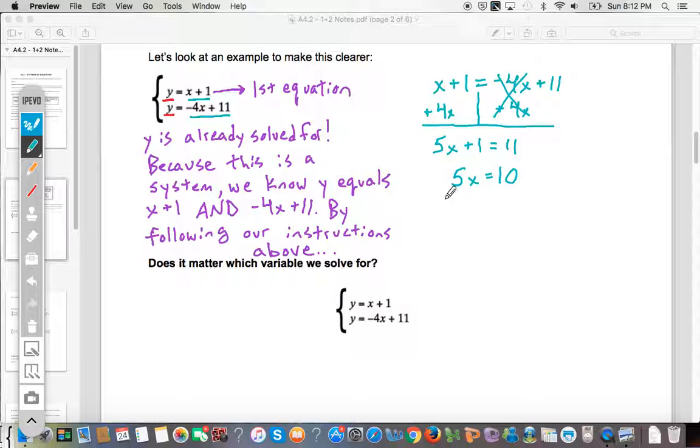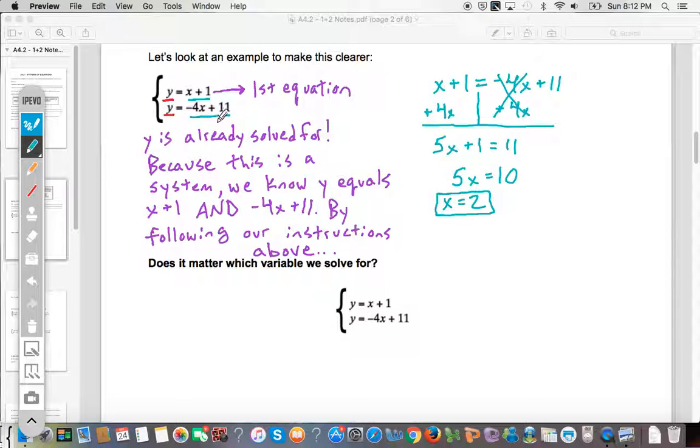So x equals 2. So we solved for one variable. Now we go back up to our system, pick one of our equations, and plug this x equals 2 in. Wherever I see an x, I'll replace it with a 2. That way we will be able to solve for y.